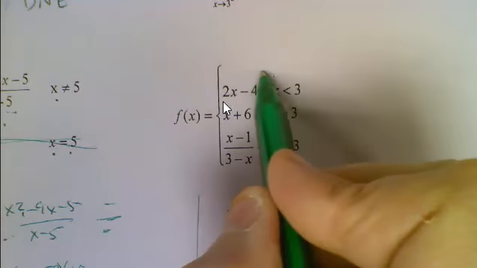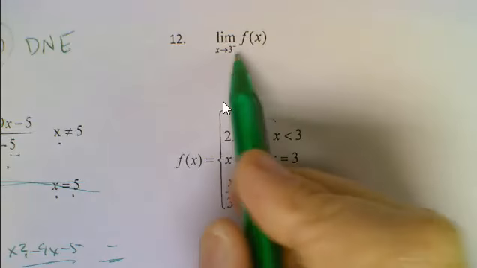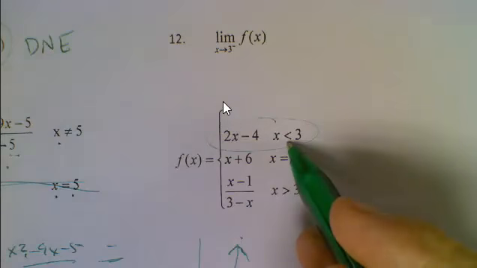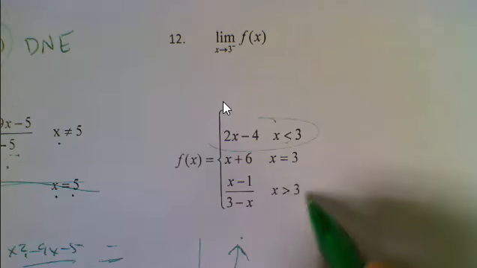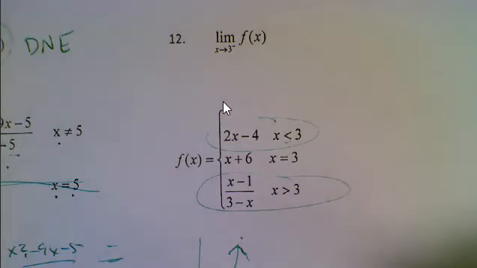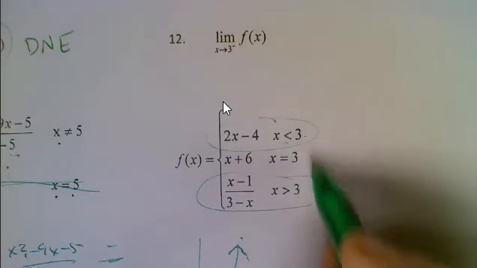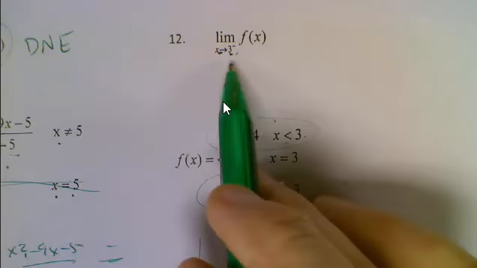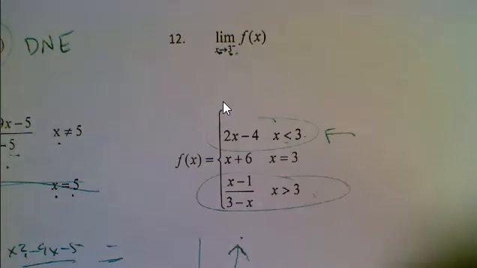Okay? Now with this one, if it said the limit as x approaches 3, you'd have to go coming from the left when x is less than 3, and coming from the right when x is greater than 3. So you'd actually have to look at both. This says coming from the left, so it's numbers that are smaller than 3. So now I'm going to look at that limit.